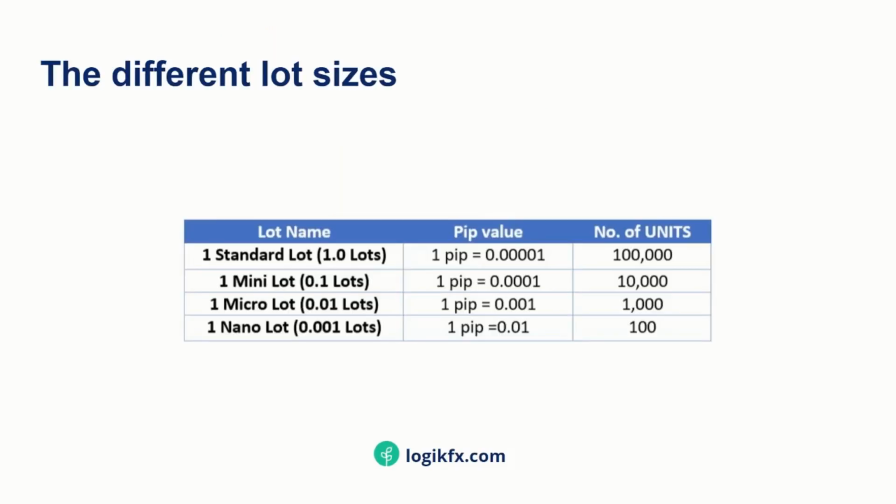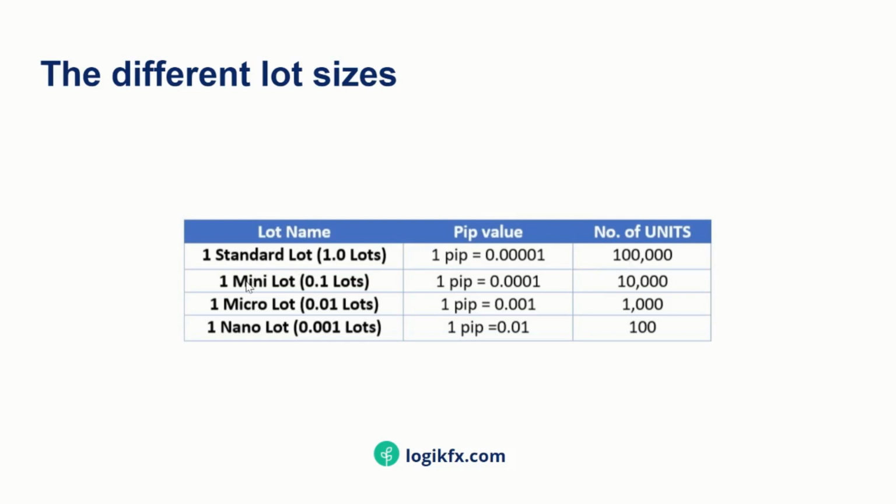If you look at this table here, you'll see what I mean. We have standard lots, mini lots, micro lots, and nano lots. Nano lots are not available in the US. They are available in some European brokers, so watch out for that. Standard lot size is 1.0 lots, and that is equivalent to using 100,000 units of a currency, and that's a lot of units of a currency.